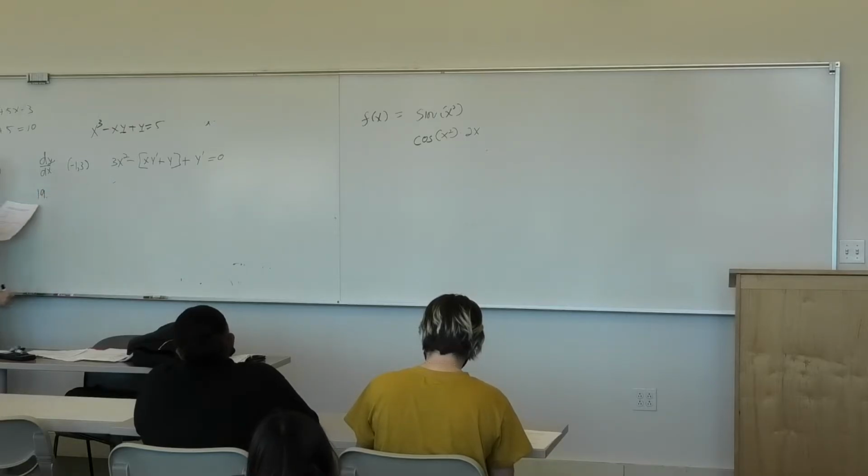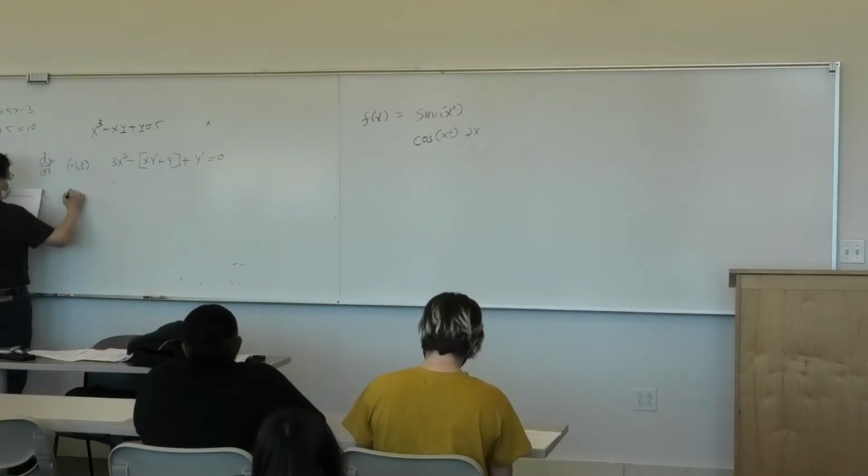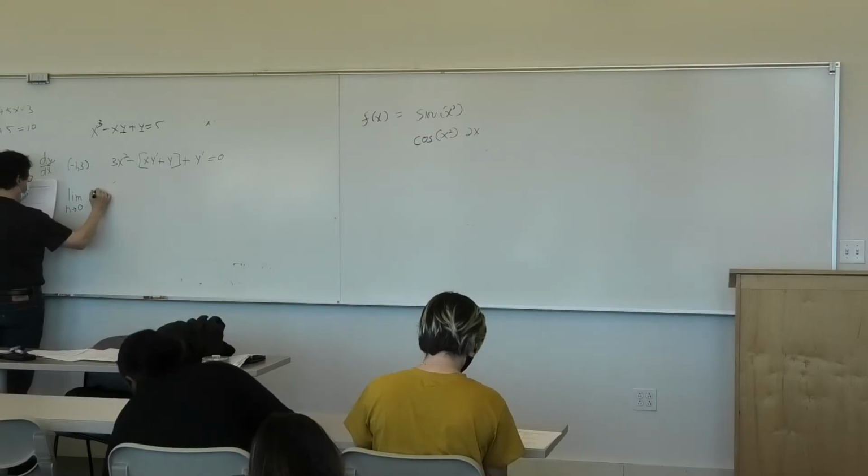Number 19 is, again, yes, conceptually you had to kind of understand what I was getting at, but from there it was pretty simple. I write down the definition of the derivative of the sine of x.